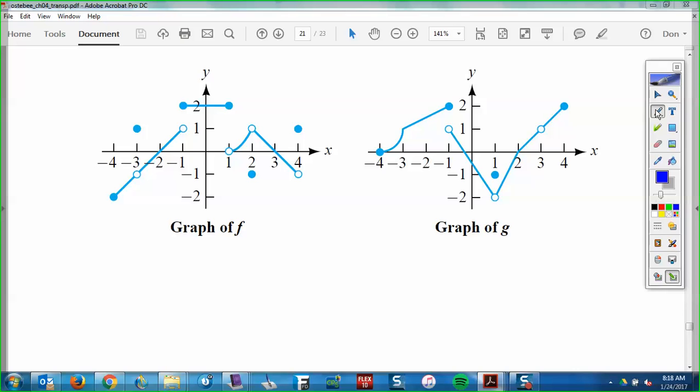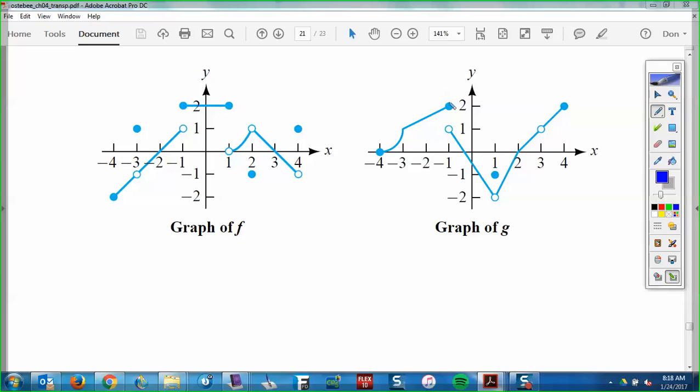How about the extreme value theorem? What's the conclusion of the extreme value theorem? That there's a max and a min. So on f, from -4 to 4, is there a max? 2. Is there a min? -2. So yeah, there's both a max and a min, even though there's no promise that there would be. What about G?